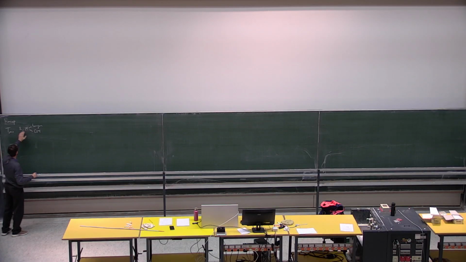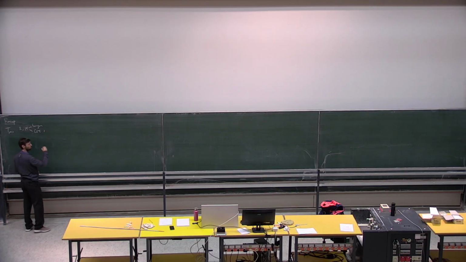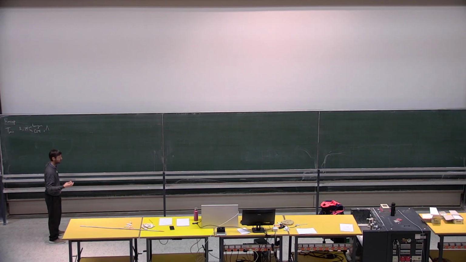So we have radiation or relativistic species, so photons and neutrinos in our case. Then we have matter that is composed by baryons and dark matter. And then we have a contribution that is responsible for the accelerated expansion of the universe, and that would be the cosmological constant.